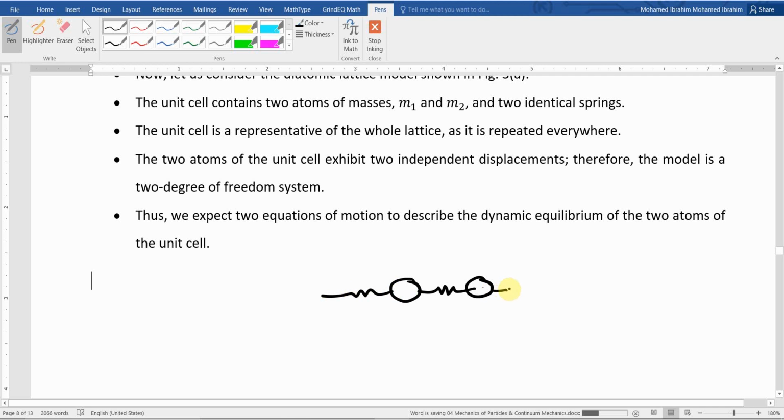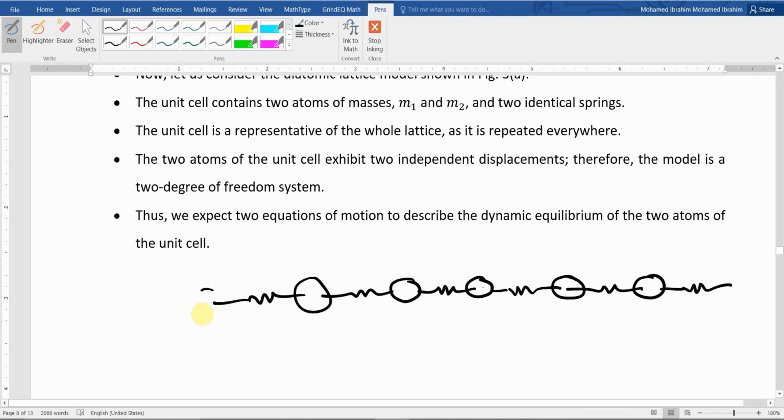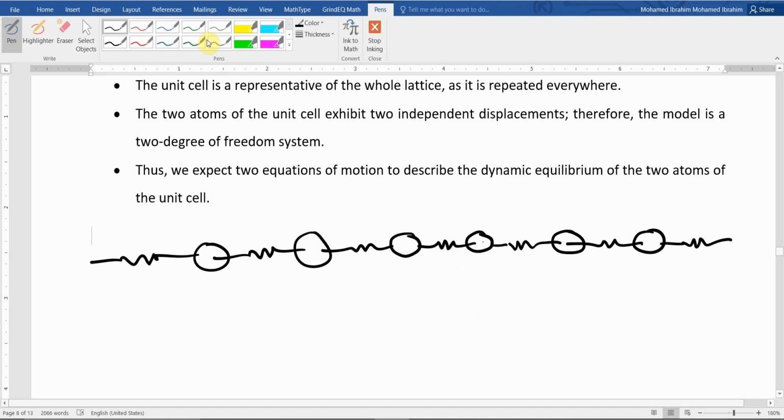Then we're going to have another two atoms that form another unit cell, and there should be an interaction between them, and so on. As you can see, generally the lattice is very similar to the monoatomic lattice, but we have to assume that the unit cell is like this one. All of this is a unit cell that includes two atoms, and there are two springs between them.